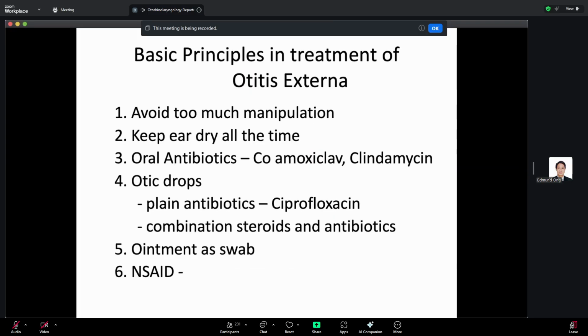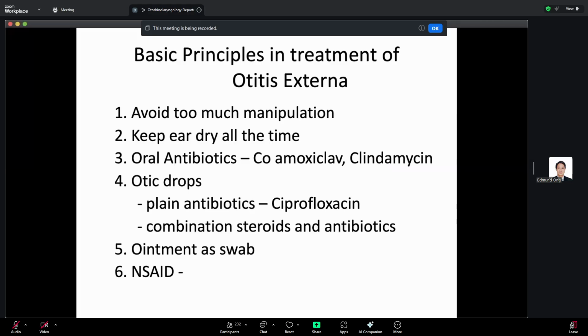So these are the basic principles in the treatment of otitis externa. So yes, I agree. Avoid too much manipulation, and you have to keep the ear dry all the time. You can give co-amoxiclav, or clindamycin. Again, the otic drops will depend on how severe the stenosis of the ear canal is. Of course, if the stenosis is quite severe, then otic drops are not good to give as they will not go inside.